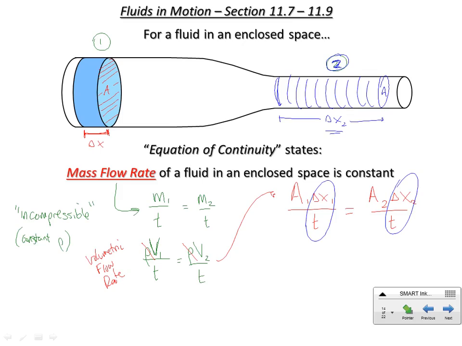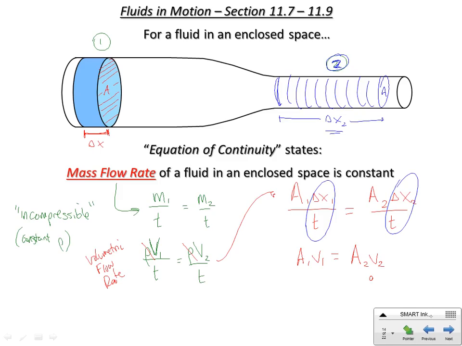So there's this relationship: A1V1 equals A2V2. To pass the same amount of fluid past a point per unit time, if the area of the enclosure gets smaller, the fluid has to speed up. This is what we call the equation of continuity.